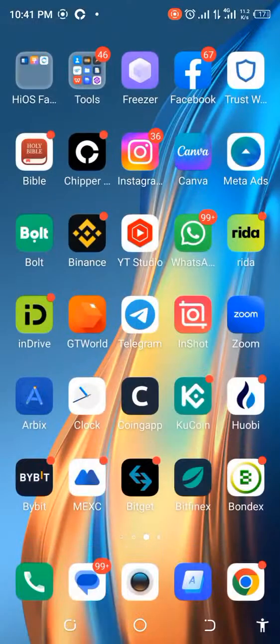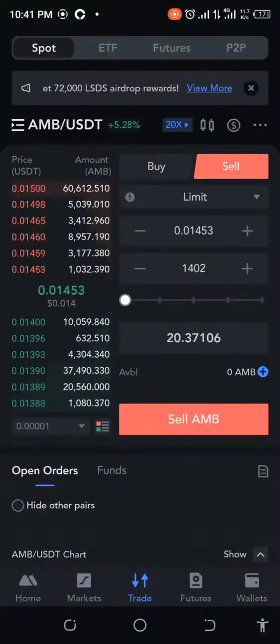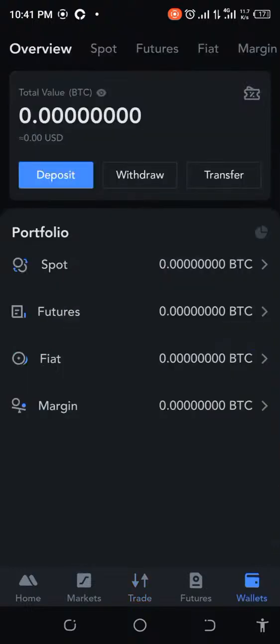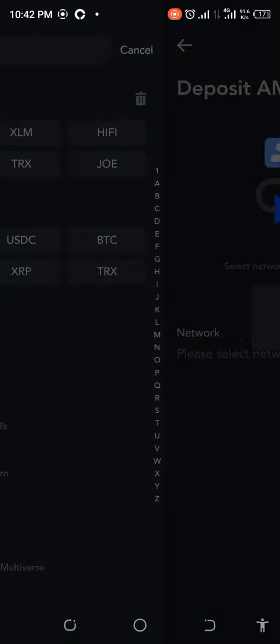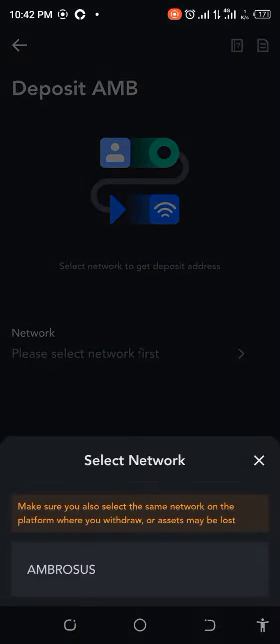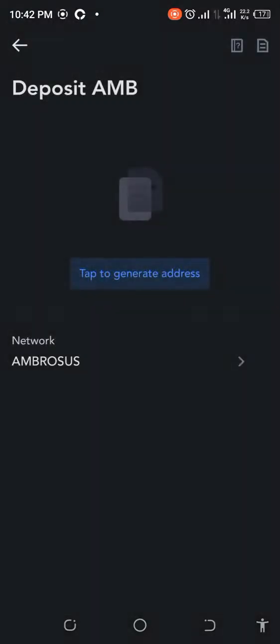For us to do that, we just need to get the deposit address from MEXC here. We're depositing AMB. The name is Ambrosos. Okay, interesting. I just need to make sure that everything is the same.